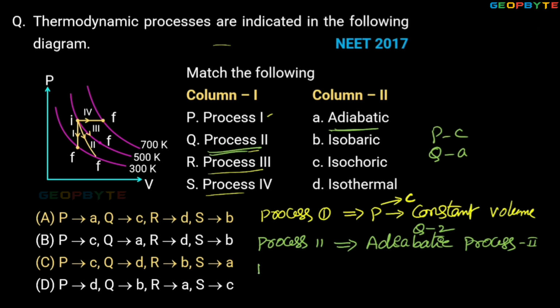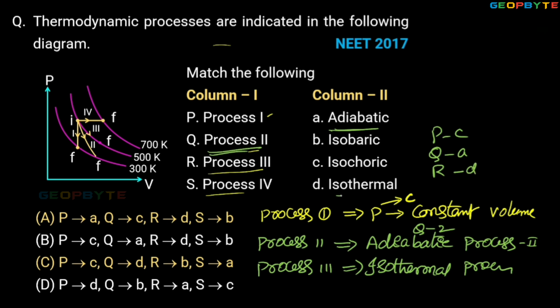Then process 3. It is an isothermal process. Process 3 is R, or isothermal is D. And process 4 is isobaric in the PV diagram.